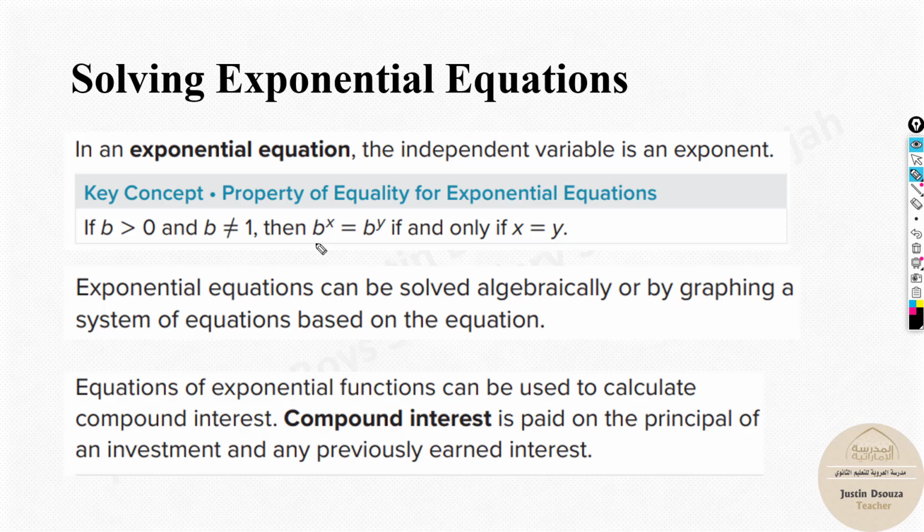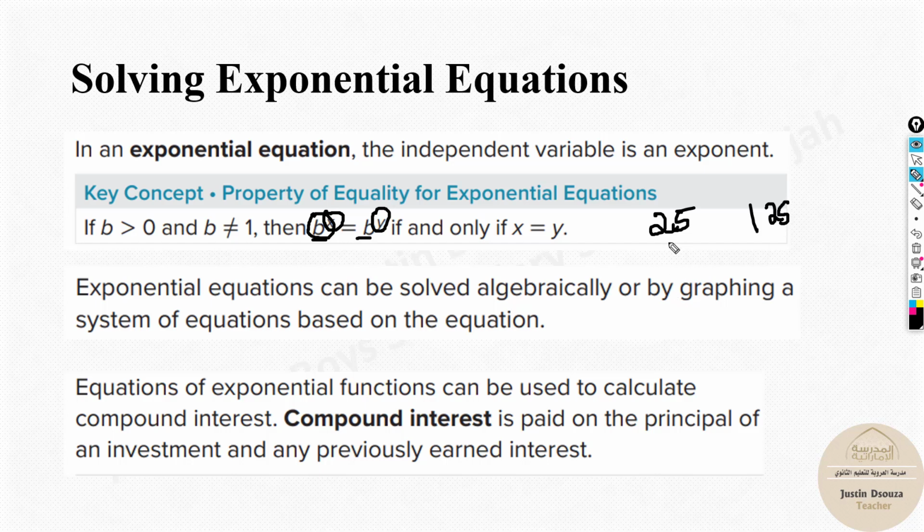Now, if you have the same base, then whatever the exponents are can be equated and solved easily. So we need to manipulate the bases and get them the same. Imagine you have, say, 25 and 125.